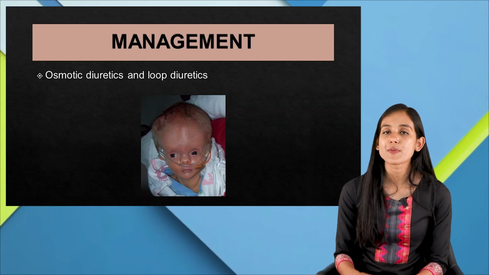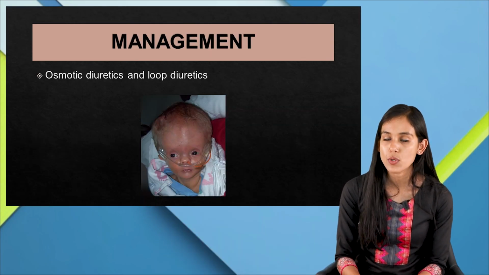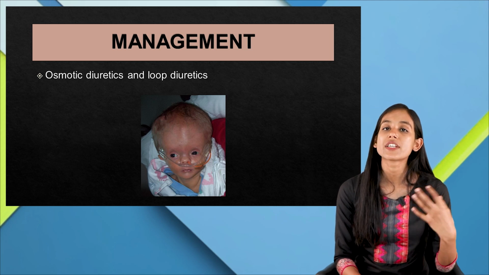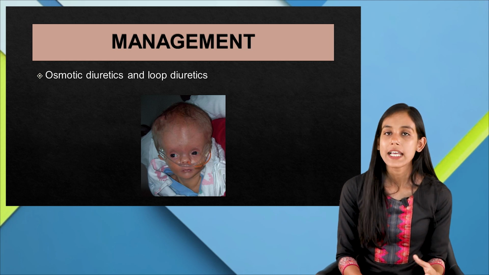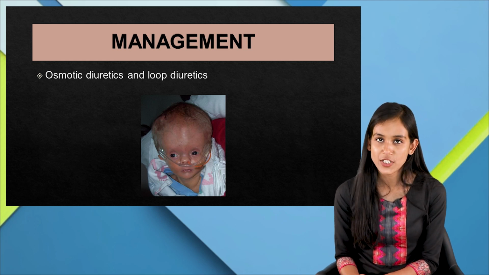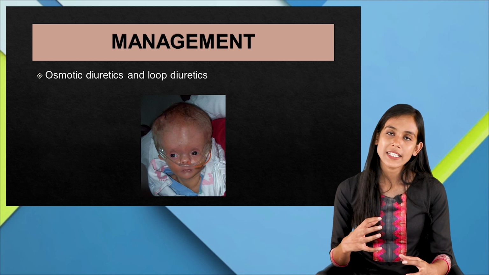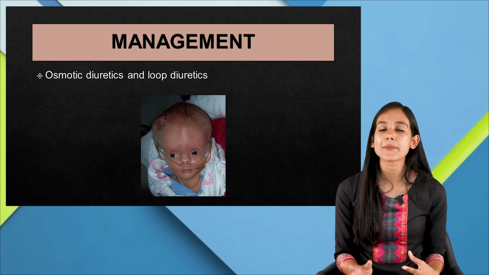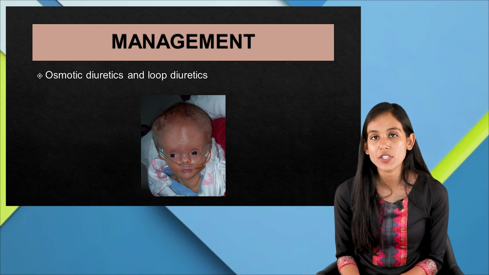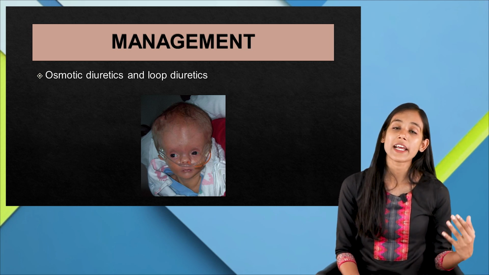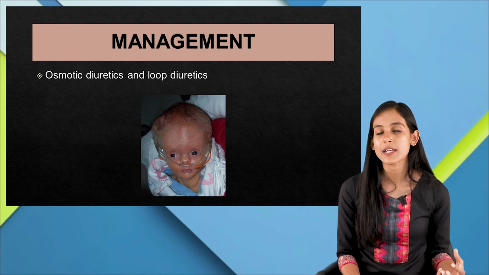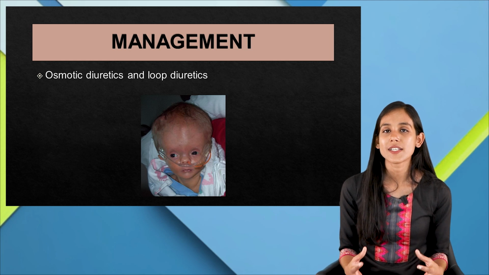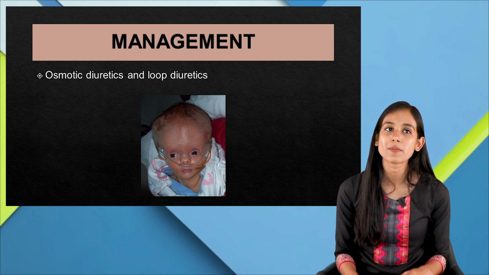Now in medical management, we basically use diuretics, so osmotic diuretics and loop diuretics. These would reduce the CSF production, and if we can reduce the CSF production, then the accumulation can be reduced, because we already learned that there can be a problem with the reabsorption, or there can be a problem with the production, right? Mostly there would be overproduction, or there would be some blockage.